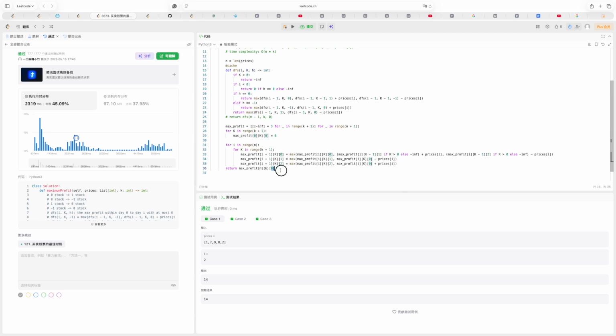And also I have a question: it is at most K. Can we do anything when K is 0?